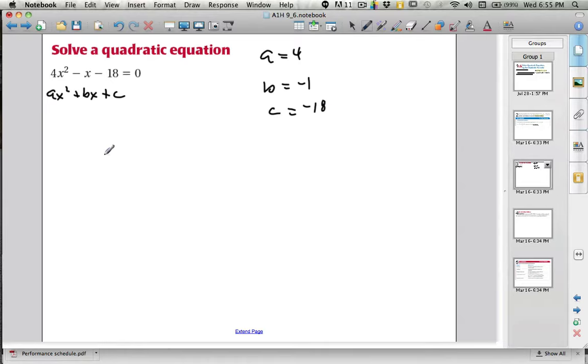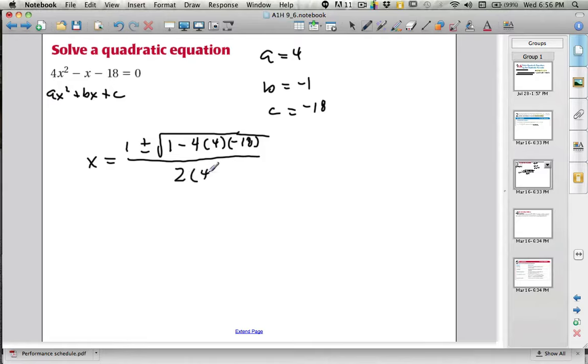And then I can go ahead and plug into x is equal to the opposite of b, so that's the opposite of -1 is 1, plus or minus the square root of b squared, which is 1, minus 4 times a, which is 4, times c, which is -18. And all of that is over 2 times a, which is 4.